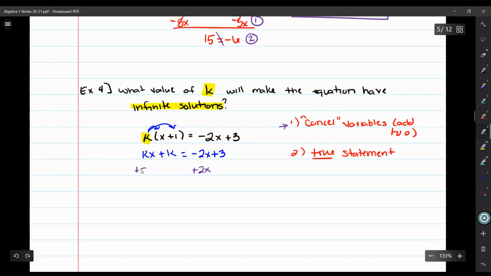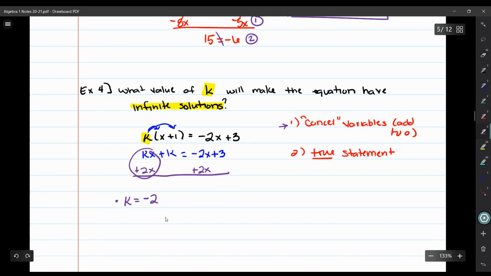I'm going to add 2x to both sides. So let's think about what has to happen to make this equal a 0. Well, the only thing that'll make 2 equal a 0 when adding is you have to have k equaling negative 2, because 2 minus 2 is equal to 0. So let's start there. Let's try with k equals negative 2. We're going to try that guy out first.